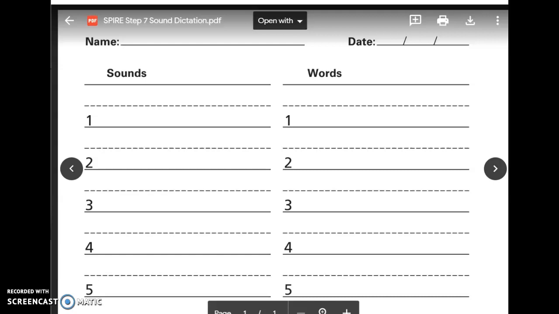Okay, very good. So we're going to put our pencils down, and I'm going to ask you again to say that keyword bed. So what's the first sound you hear in bed? Yes. And then say bed and tell me what vowel sound you hear in that word bed.